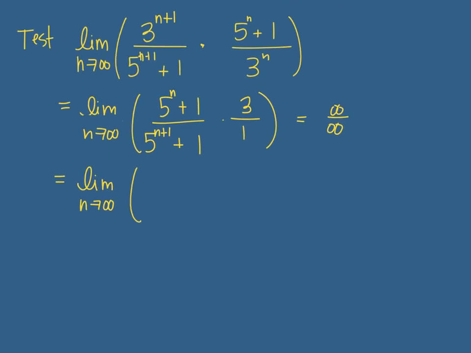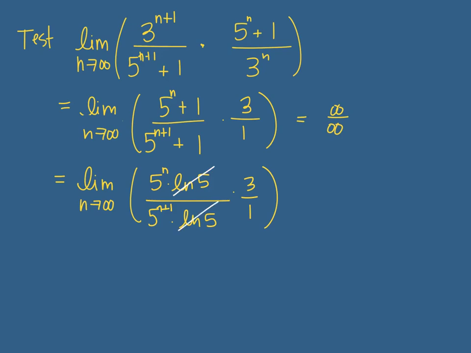Okay, because what's the derivative of 5 to the n plus 1? 5 to the n times ln 5. What about the plus 1? It's gone, right? Okay, what about the derivative of 5 to the n plus 1? 5 to the n plus 1 times ln 5. And then I still have my 3. Well, what happens to the 2 ln 5s?